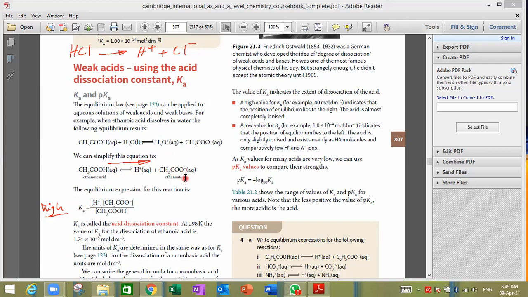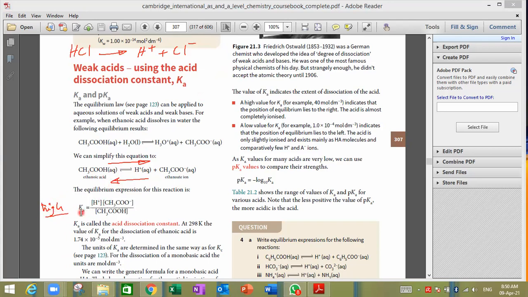But when we get a low value of Ka, this means that this reaction is not favorable, but the opposite reaction is the one that is favorable. And this means that the acid partially dissociates in water.